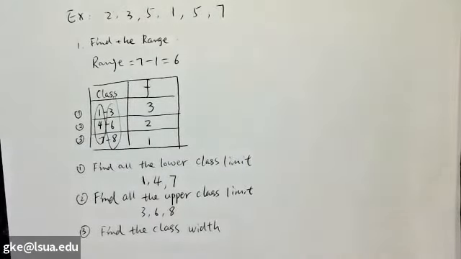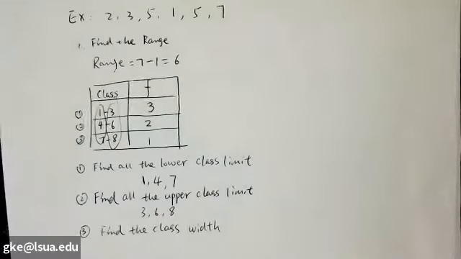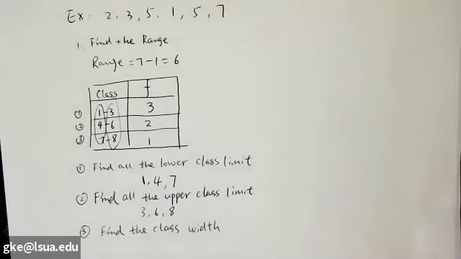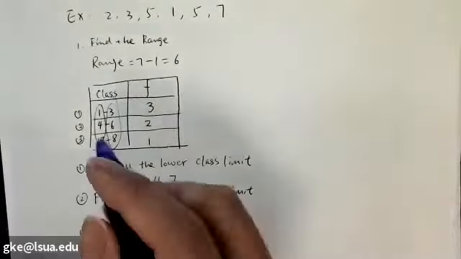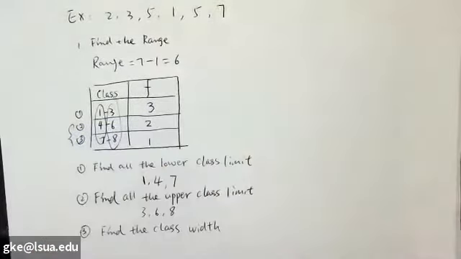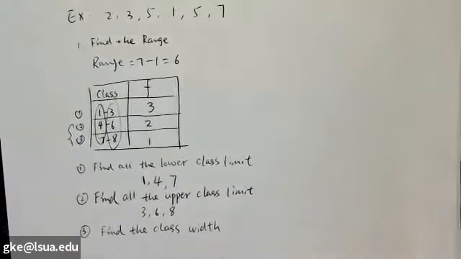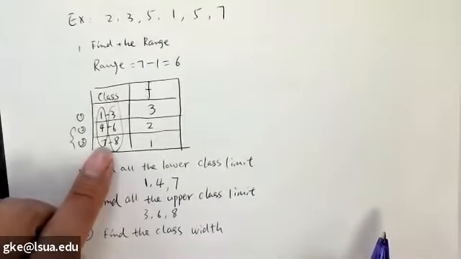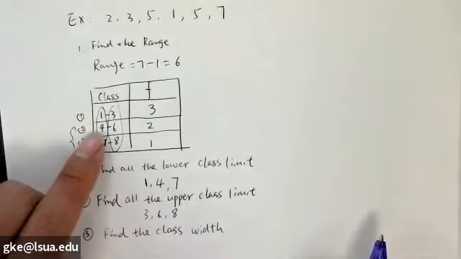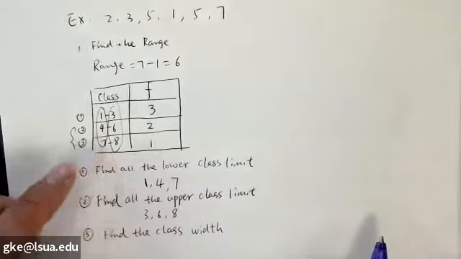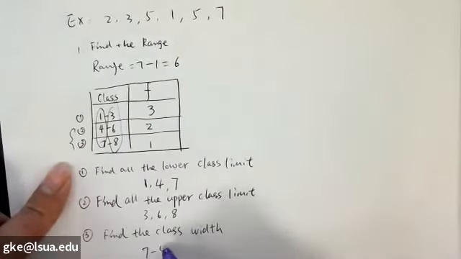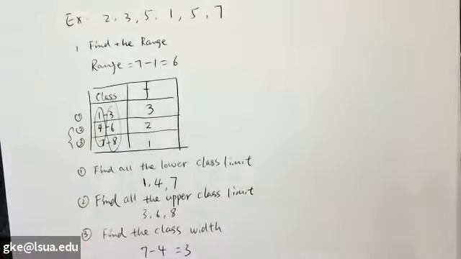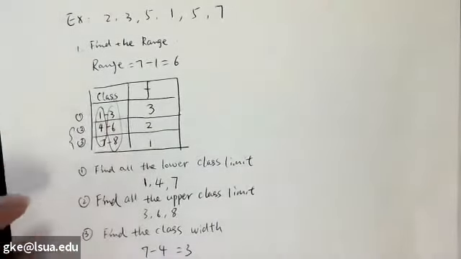Now, how to find the class width? We need to find what? Good job. That's what I want. Two consecutive classes. So I randomly pick 2 and 3, then I find the lower limits for these two, 4 and 7, and do the subtraction, which equals 3.